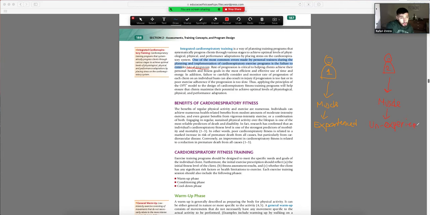Even though client number 1 doesn't have that muscle experience we were talking about, he still has the conditioning that is required for even just running and cardiovascular training, which we said is the most important thing. Because he has that, he's able to progress a lot faster when building muscle.